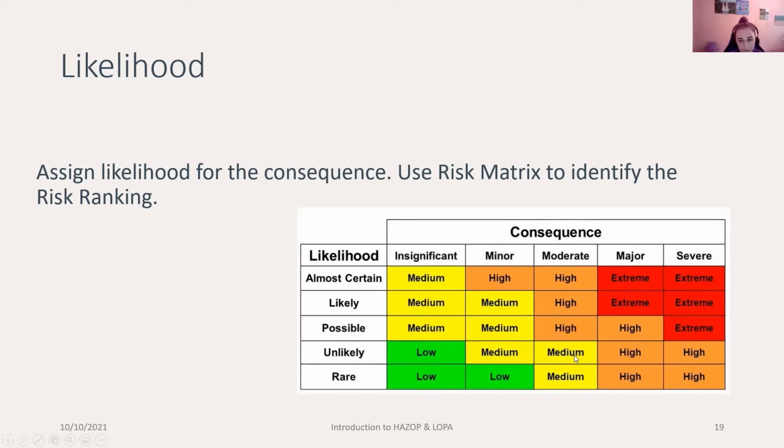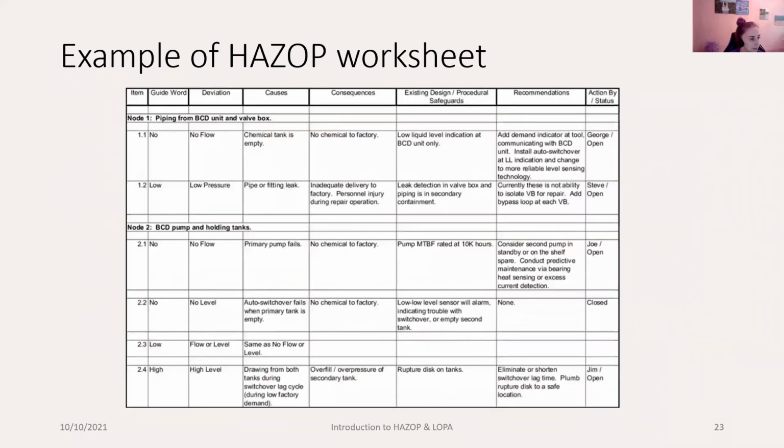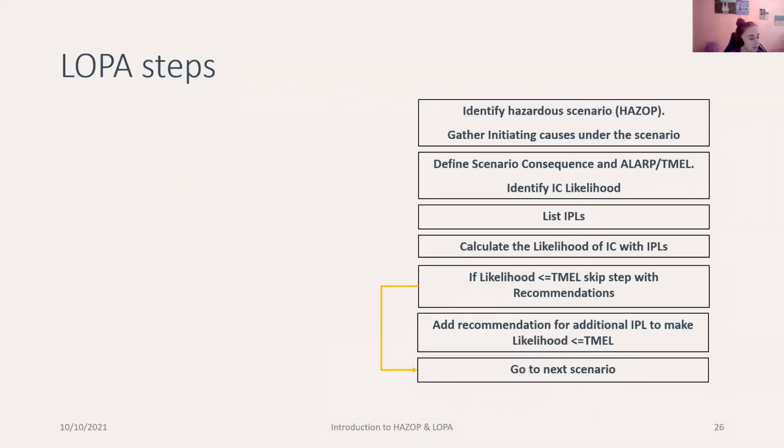It should be less than that. It's a very specific, broad explanation because it doesn't give all the data on this risk ranking matrix.